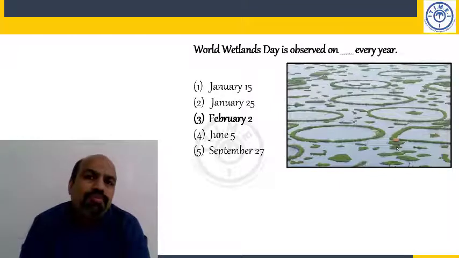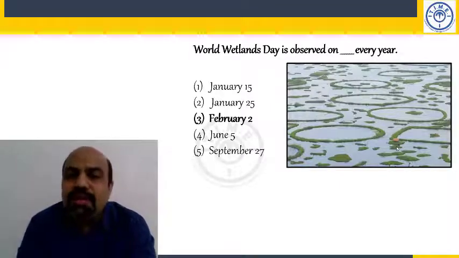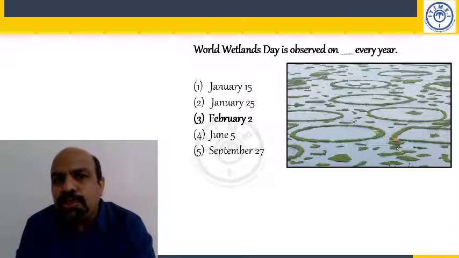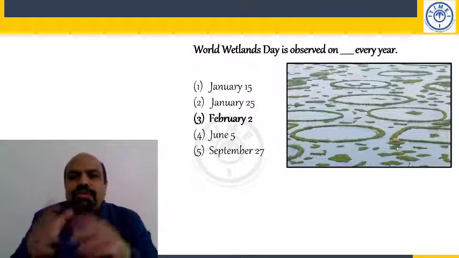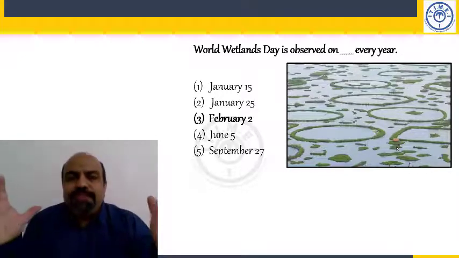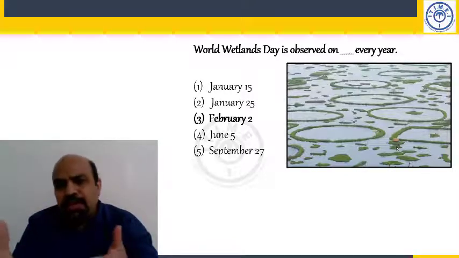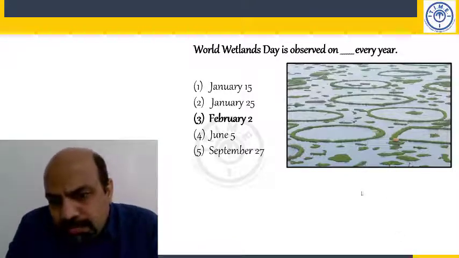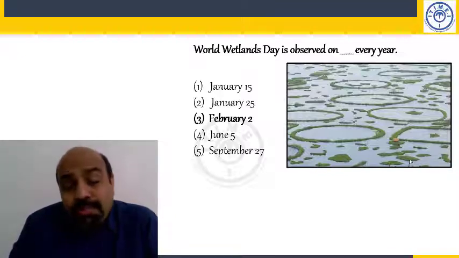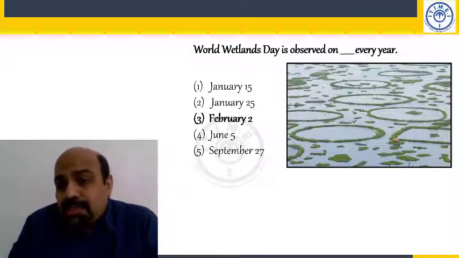These are called phumdi in the local language. P-H-U-M-D-I. What's a phumdi? It's a mass of vegetation, soil, plants and everything. You can see this is all vegetation, water plants, normal vegetation, all that.